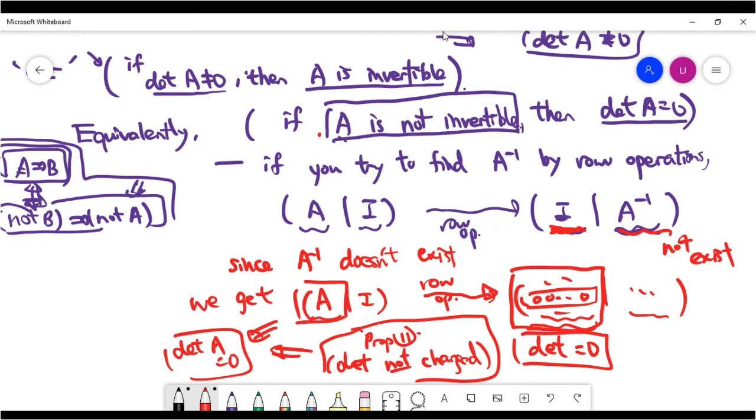Because a determinant of 0 is not changed if you reverse the row operations to get back the original matrix, we expect that the determinant of A is 0. My explanation is a little bit imprecise here, but I hope you can roughly understand the idea. And that's the end of this video.